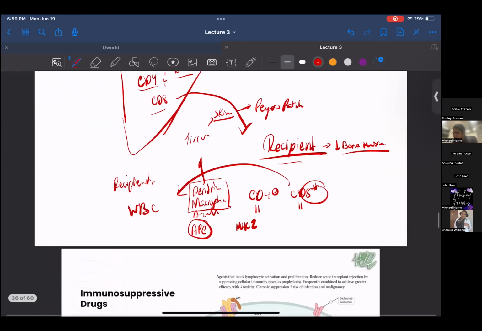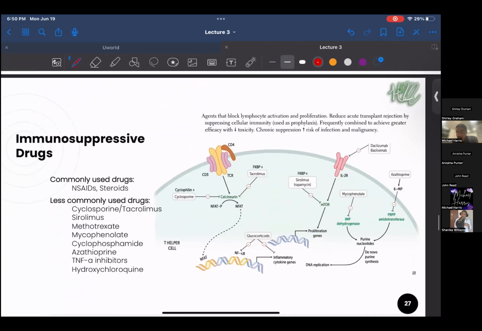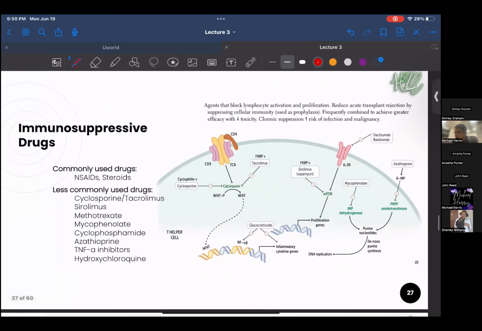All right, good. Now, immunosuppressive drugs, there's a lot of them. You're going to have to go over them, and there's no real trick to this other than making sure you understand what you're trying to prevent, right? So for instance, we're trying to decrease IL-2, like we discussed.